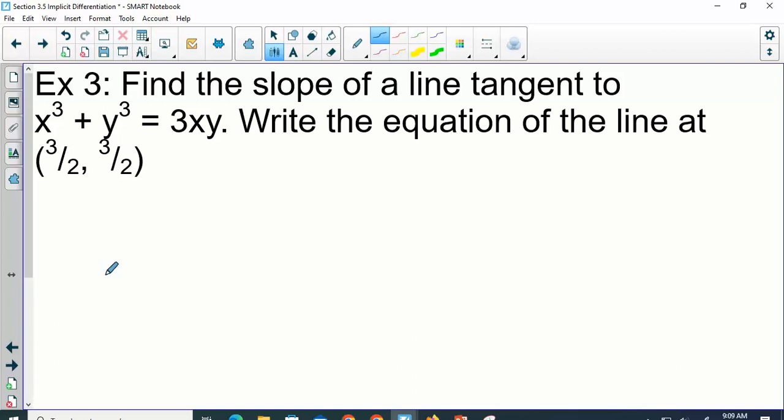So if I ask for the slope of a line tangent to x cubed plus y cubed equals 3xy. Slope of a tangent line, so what do we need? We need our dy/dx.